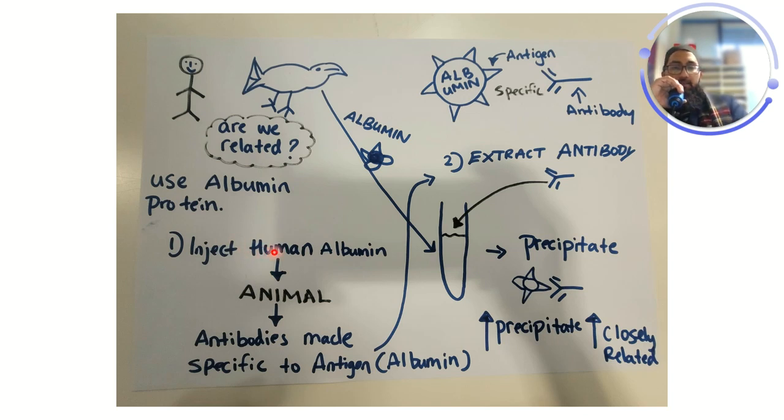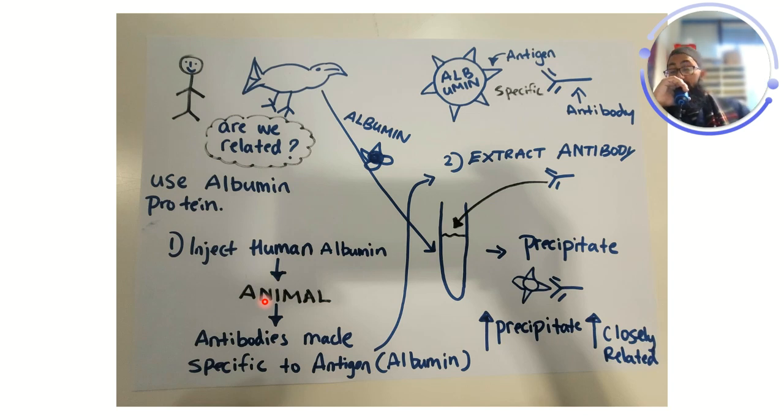And then, what's the word? Unique or specific? AQA examiners, they love to use the word specific. So you have a specific antigen. You inject this human albumin into an animal. It could be any animal. Let's say rabbit. So you inject my albumin into a rabbit. What will happen?